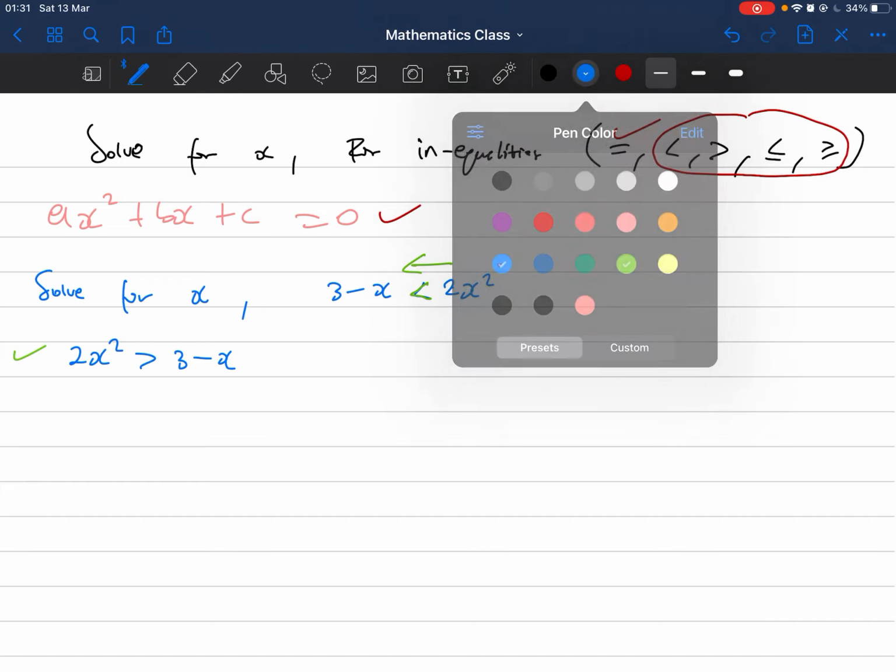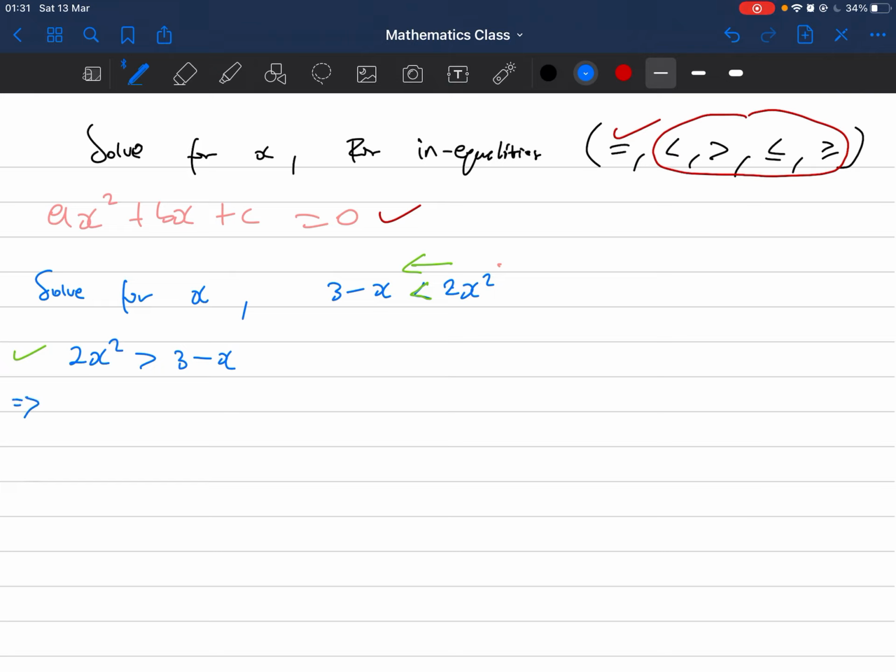Cool. From here, you take 3 to the other side, it's going to be negative 3, greater than negative x, right? Then take negative x to the other side, it's going to be 2x squared plus x minus 3 greater than 0.